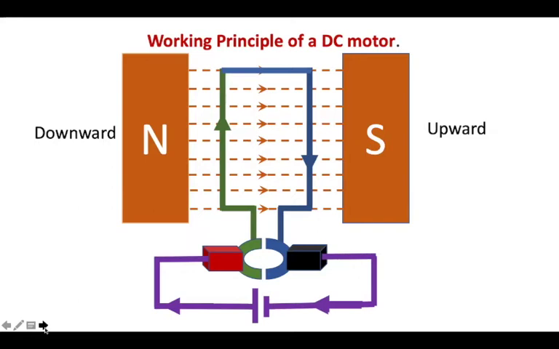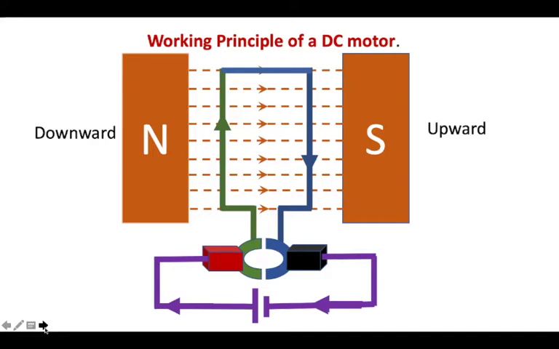after 180 degrees, the position of the green and the blue side has been interchanged. But you can see the supply side, it is now the black on the right side. So the blue is having a downward current and the red is having an upward current.